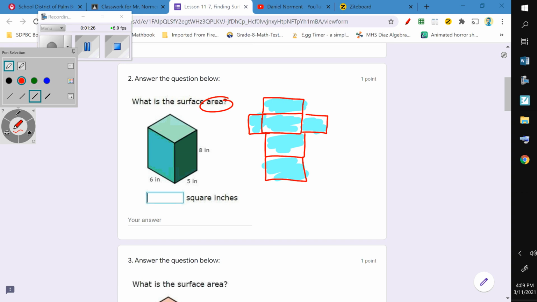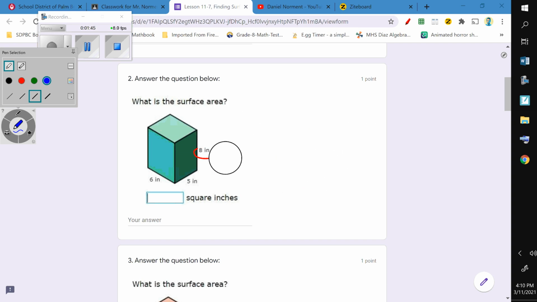So what you have is a length of 8 right here, and you have a height of 6. This is going to be a little bit confusing because of my perspective. I'll just tell you what I do, because I've already shown it to you. I just take those numbers times themselves.